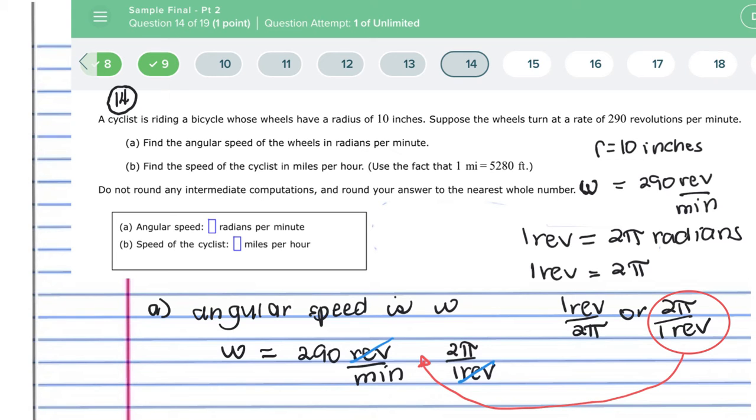That's why I picked the second, because I wanted to cancel revolutions. You say, how did you know you wanted to cancel revolutions? Because I wanted it in radians per minute, not in revolutions per minute. So now I have the right units. I have 290 times 2 pi radians per minute.